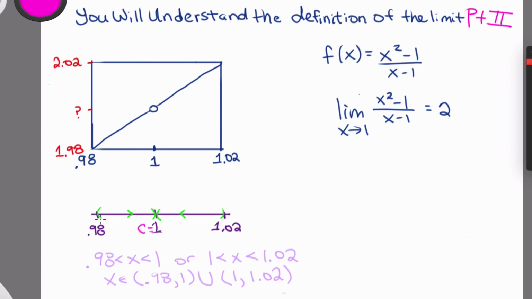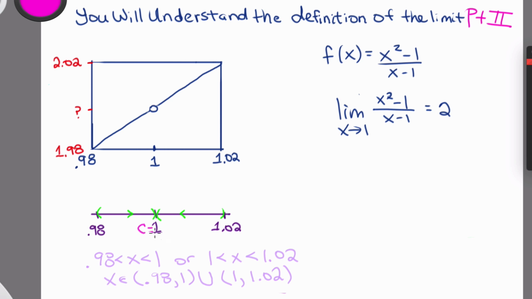Well, this open interval begins at 0.98 and ends at 1.02. These values are symmetric around 1. For example, we would move 0.02 units to the left of 1 in order to obtain 0.98, and we would move 0.02 units to the right of 1 in order to obtain 1.02.